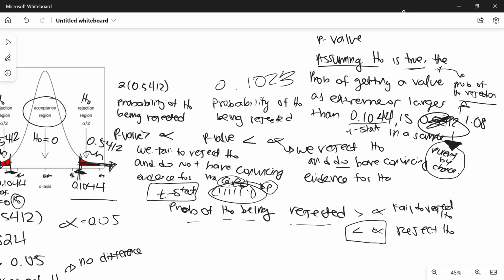They're opposites. H0 is true, but what the heck? H0 is true.